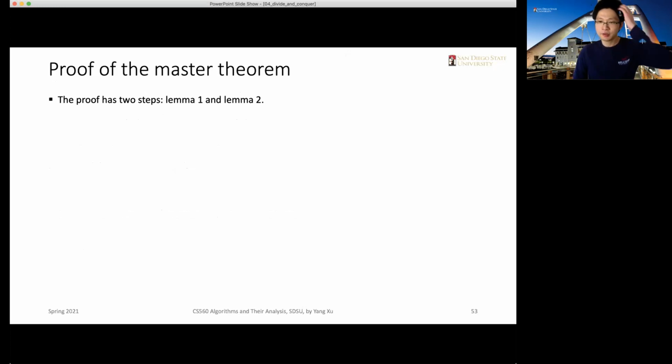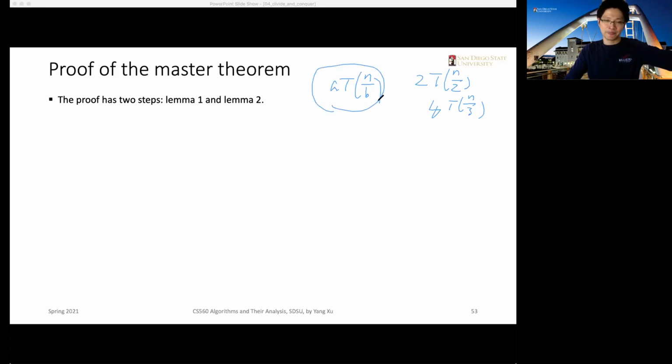We basically will look at what the tree will look like for the general case of a times T of n over b, right? So this is the general case for specific trees like 2 times T of n over 2 or 4 times T of n over 3 something, right? So we'll look at if a tree looks like this, if we have a branches in each split, what would the tree look like? Okay.